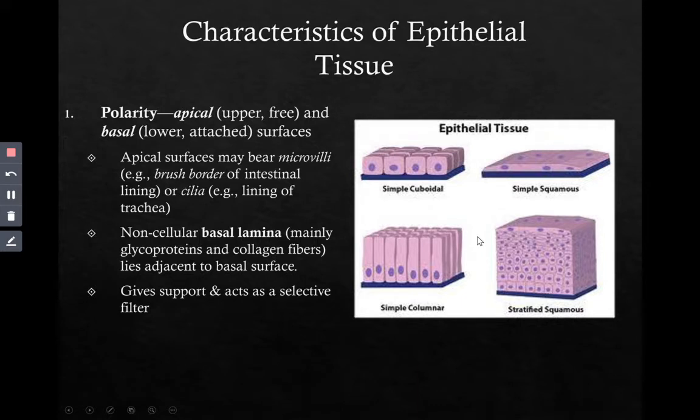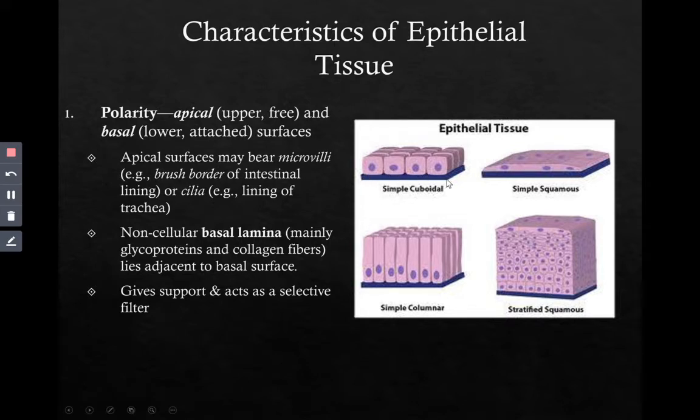But we actually want to consider what you might call the top, just the free surface, the surface that isn't attached to connective tissue. So notice that in all four of these examples, the epithelial cells are in pink, and then there is a dark purple layer under all the epithelial cells.